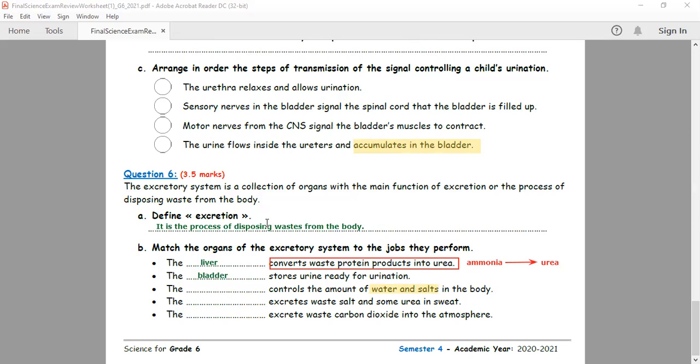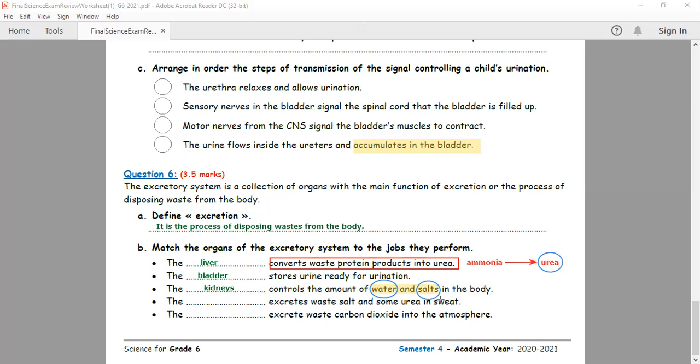But which organ does this? The kidneys. Bravo. The kidneys take the urea. They also take the water. They also take the salts. They combine them together to form urine.